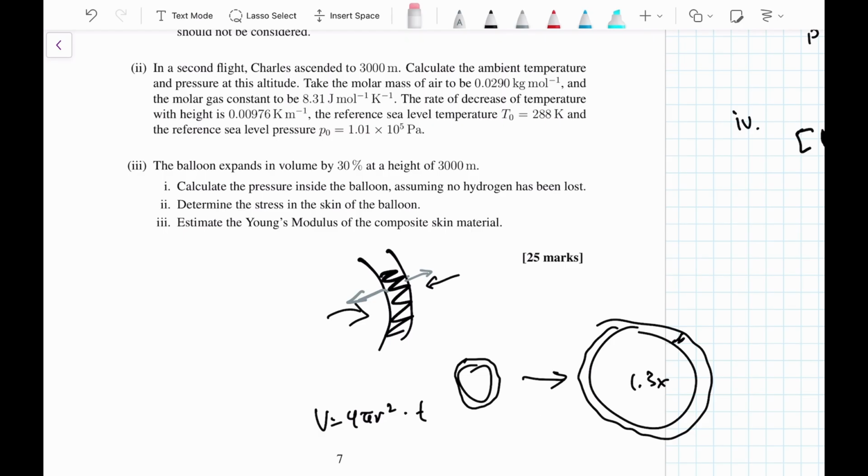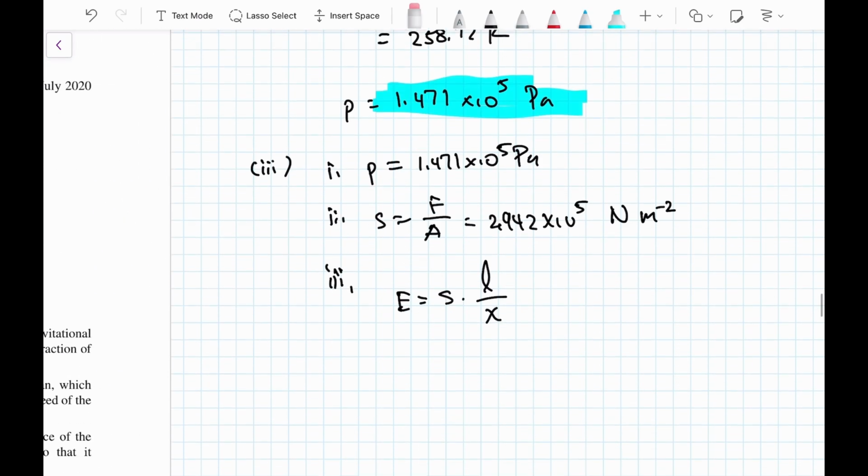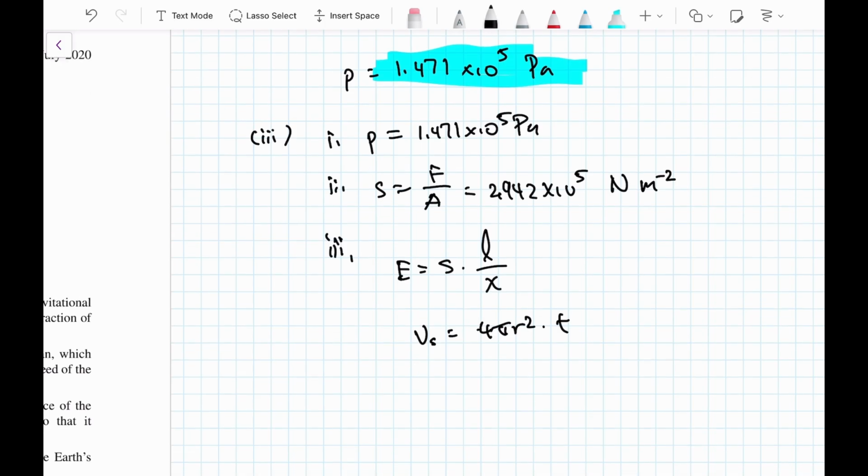Okay, so let's see, how do we do this? Initially what we have is, let's say Vs for the volume of the skin. We have 4 pi r squared times the t. Now then, what happens is that the volume increases by 30%.